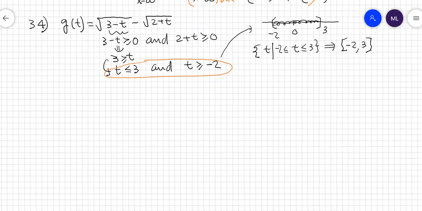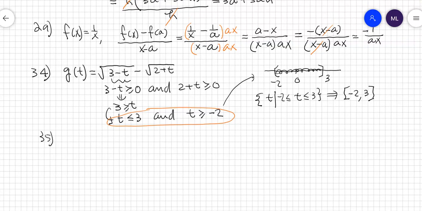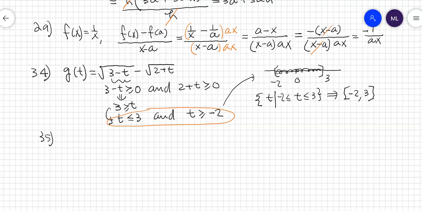Let's move on to how about 35. This is find the domain, okay? From 34, I didn't write it, but this is find the domain.